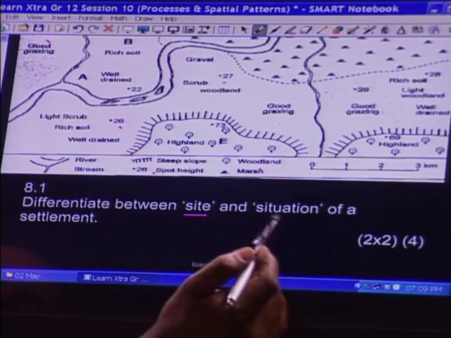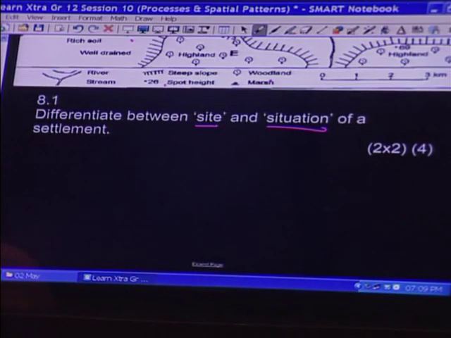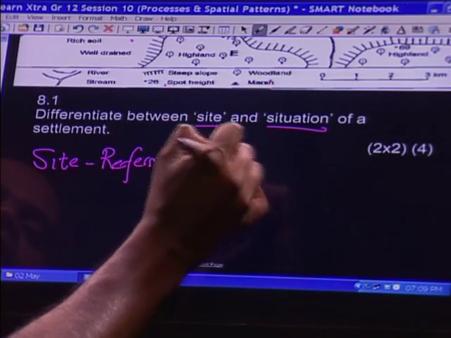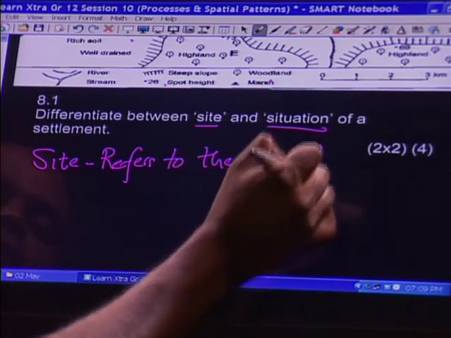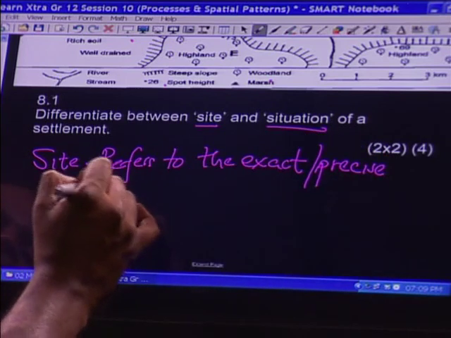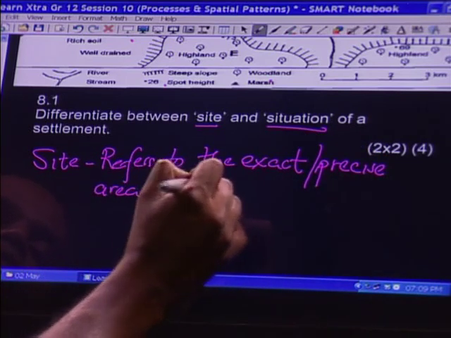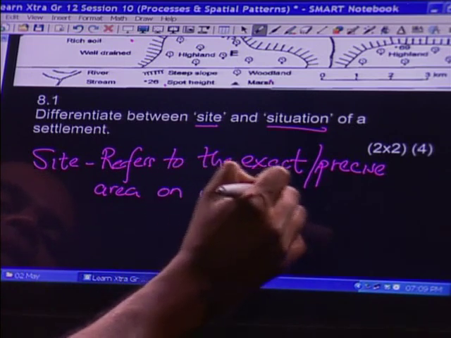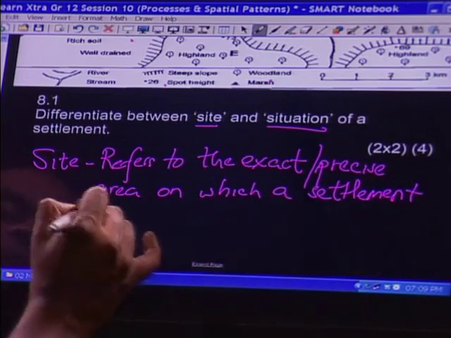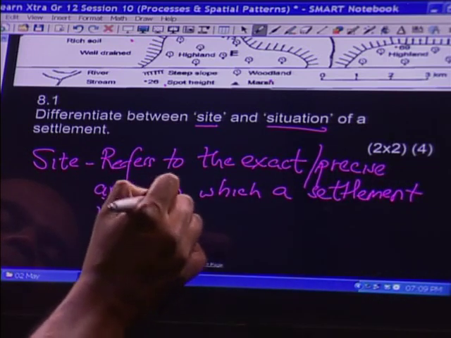Note the first type of question. Differentiate between site and situation. Remember our keywords identified earlier. Site refers to the exact, I'll use another word, precise area on which a settlement is located.